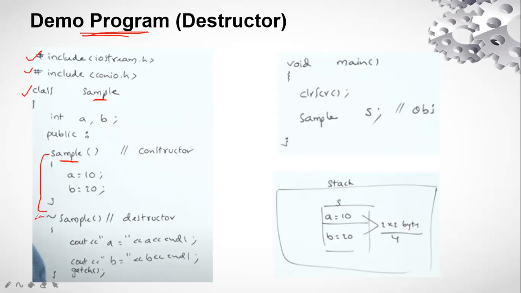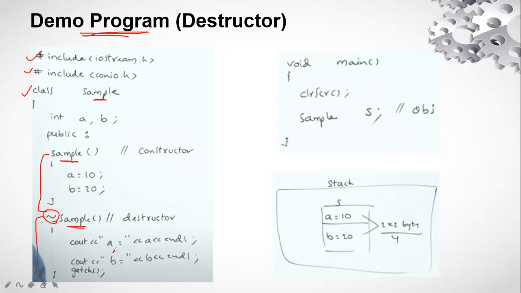Now I have defined the destructor. How to define a destructor? The tilde operator preceded by the class name, so the destructor name is the same as the class name, with parentheses. Now you can see the only difference between the constructor and the destructor is this tilde operator. Otherwise it is the same.